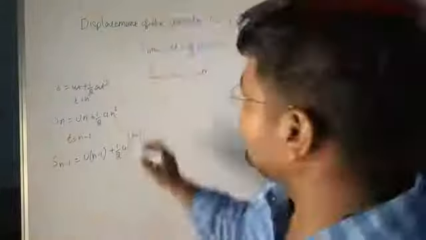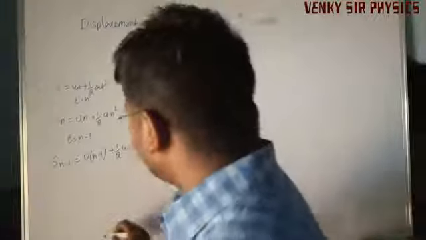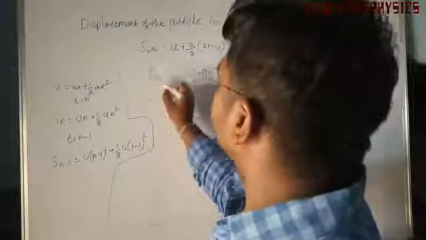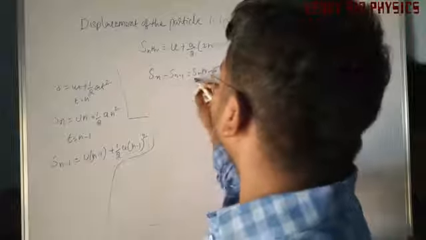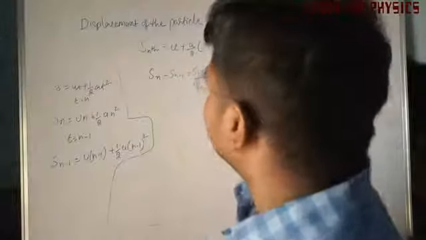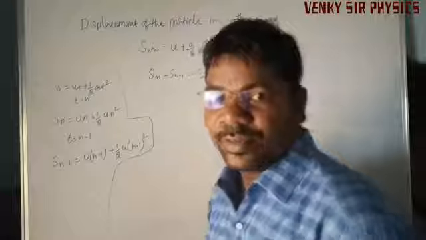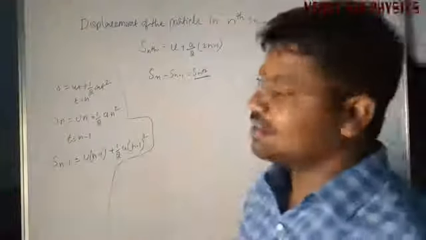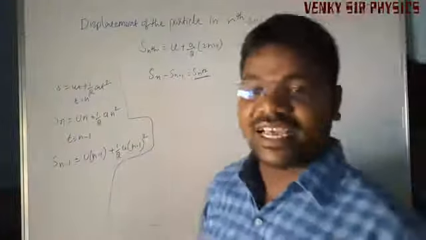Understand? These are the equations. So s nth will give the position of the particle at the nth second minus the position at the n minus 1 second.